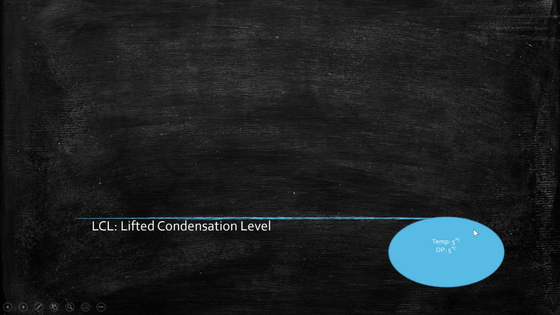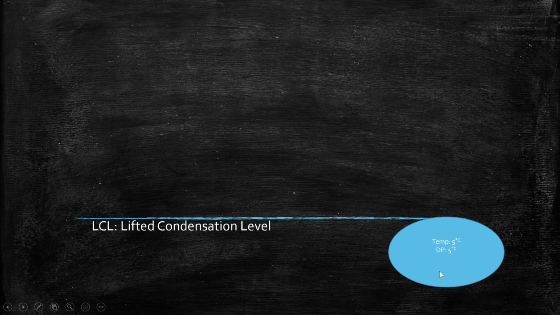Now, if that air were to rise any further, past the height where it reached its dew point, first off, that height is called the LCL. That'll be important for later on. It's called the lifted condensation level.